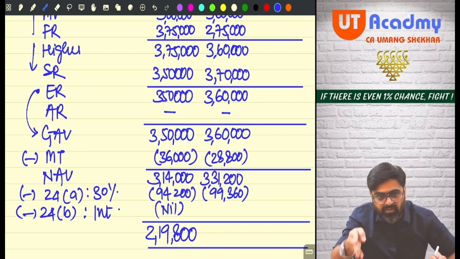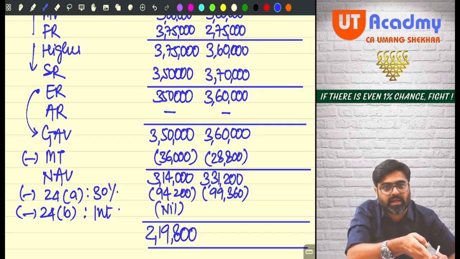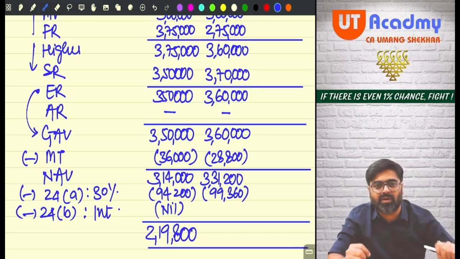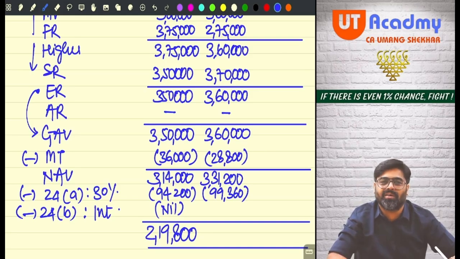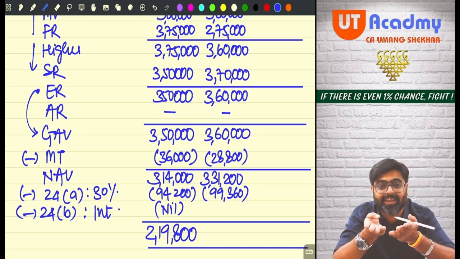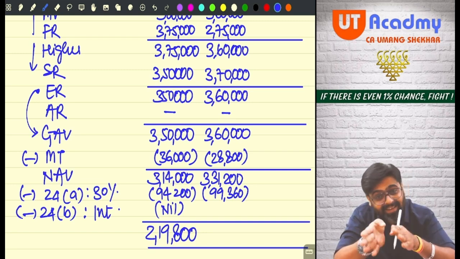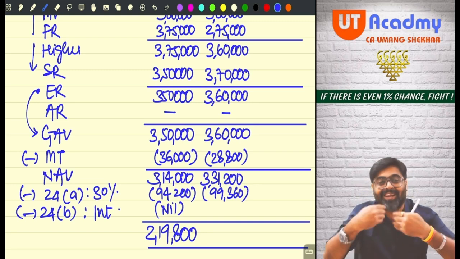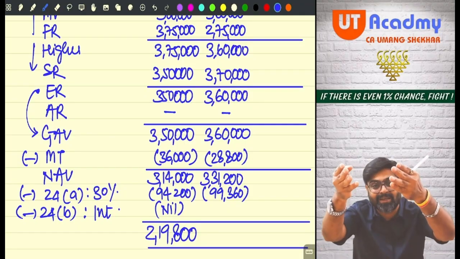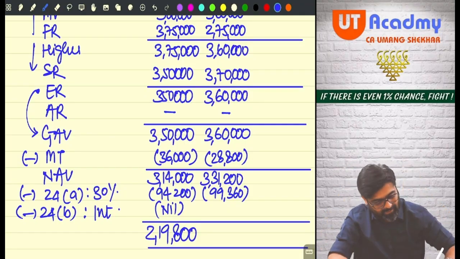For DLOP, whatever loan is taken, that entire interest is allowed, no? Don't take 30,000. Take the entire interest, because you are treating the property as DLOP.